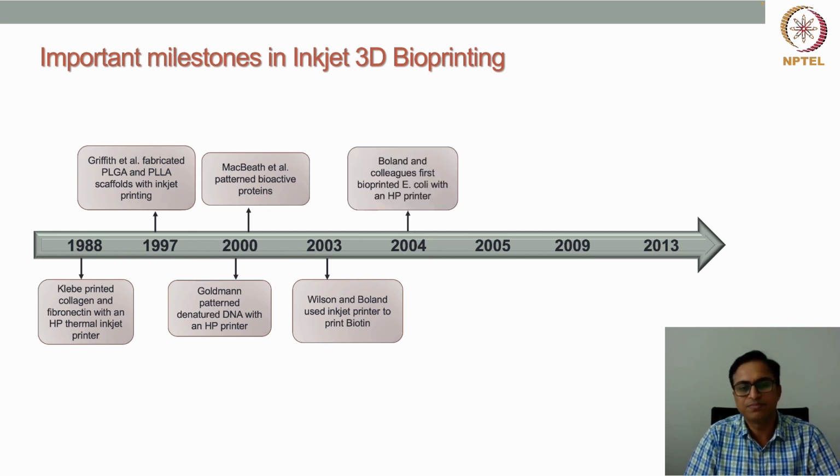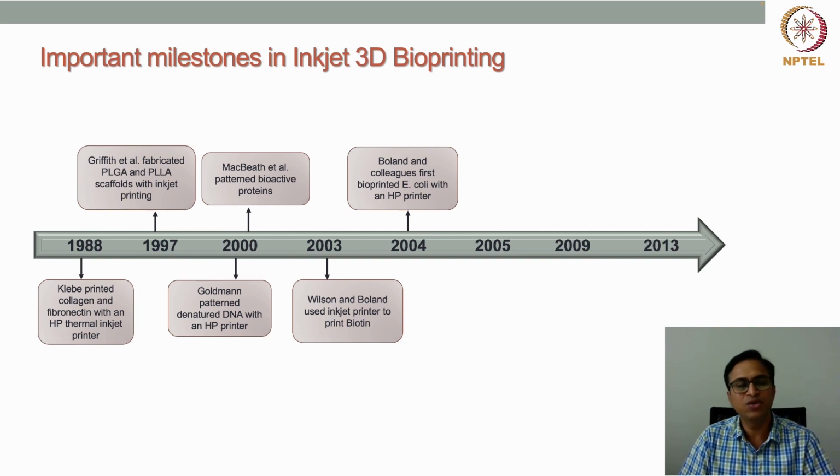Then, in the same year, Boland and his colleagues first attempted to print a living organism through an inkjet printer. They modified an HP inkjet printer to suit the printing of living organisms. In this case, they used the E. coli organism for printing. They found that after printing, the organism was still alive, so this printing technology doesn't cause any damage to the organism.